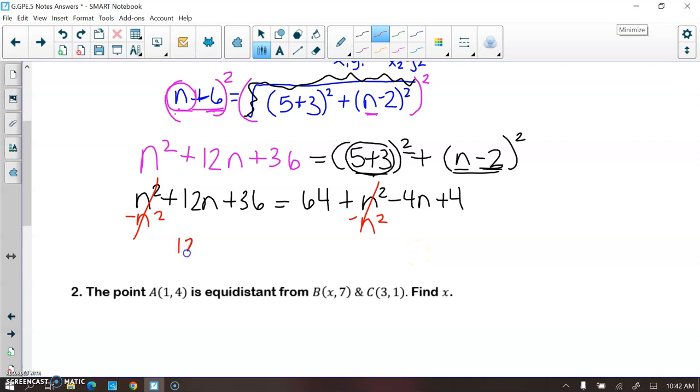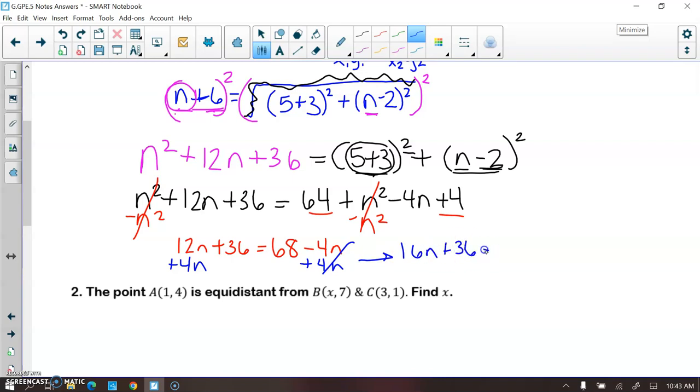So then on the left side, I'm left with a 12n plus a 36, and that's equal to a 64 plus a 4 is a 68, and then I have that minus 4n, and now I just solve for n. So I'm going to add 4n to both sides, so I wind up with a 16n plus a 36 is equal to a 68.